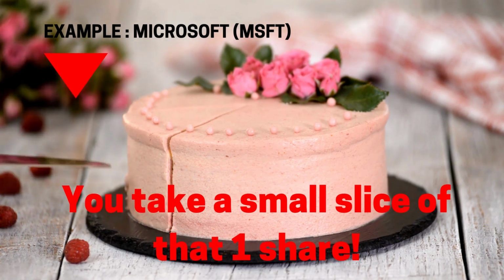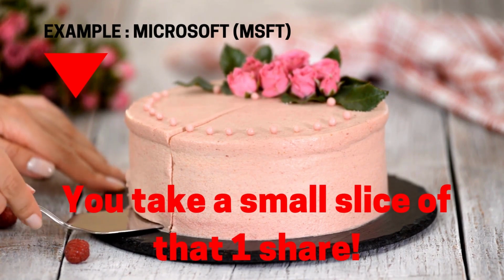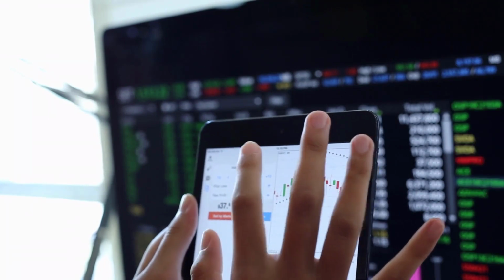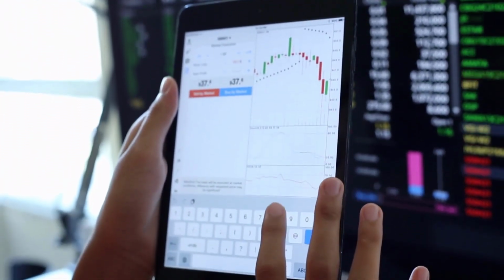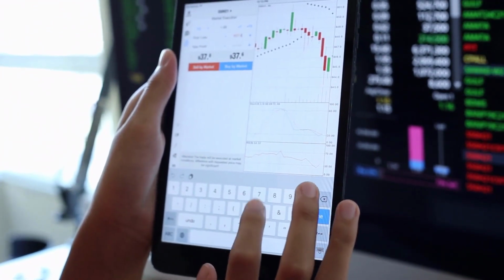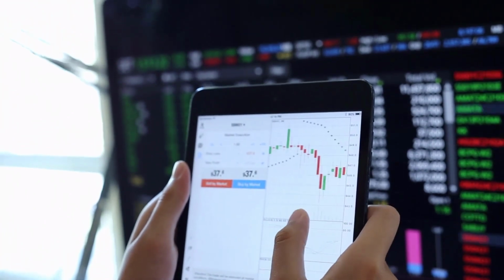So we've accessed, through fractional share trading, a share in Microsoft, which is normally valued at $306, for just $25. And as that underlying full share moves up, say 5%, your investment will also move up 5%. So it's mirror for mirror. You're not missing out on anything.